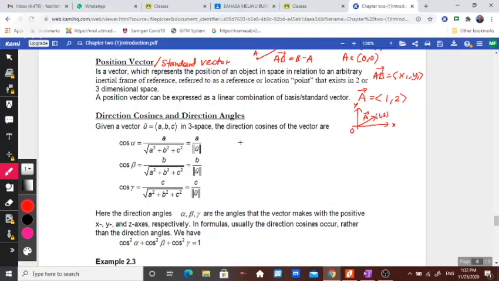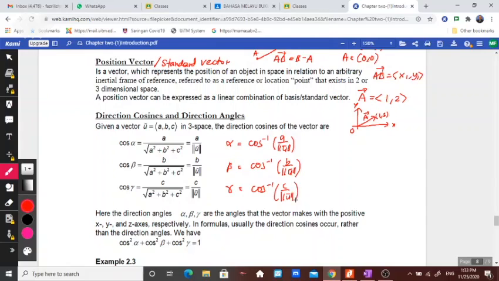To find the value of alpha, we take the inverse cos or arc cos of a over magnitude u, and for beta, arc cos b over magnitude u, and gamma, arc cos c over magnitude u.